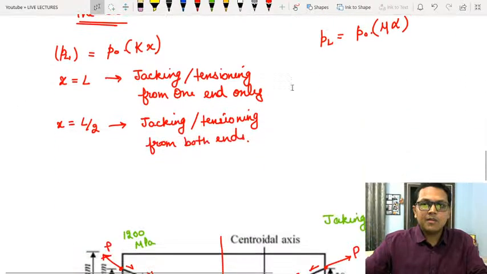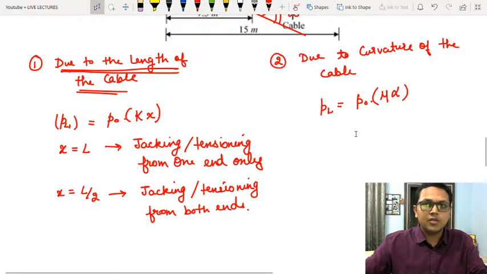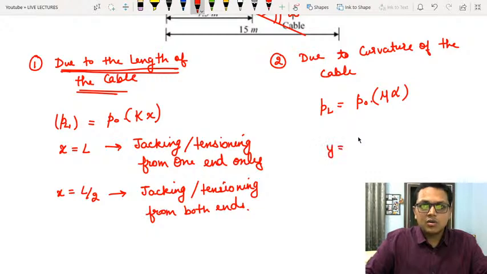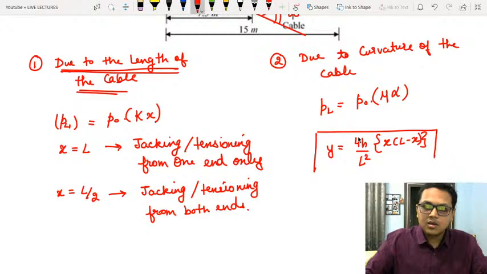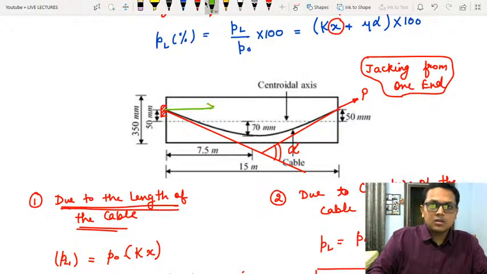Now the equation of the parabolic cable is what? Y is equal to 4h upon L square into x into L minus x. This is the equation of the cable, or the equation of the parabola, where this is x and this is y.